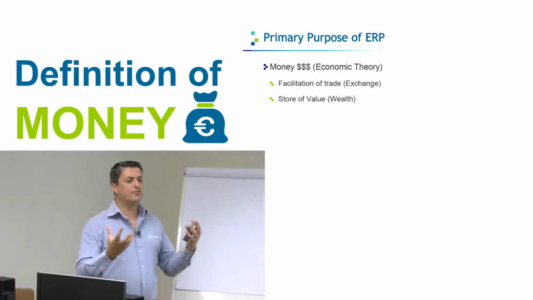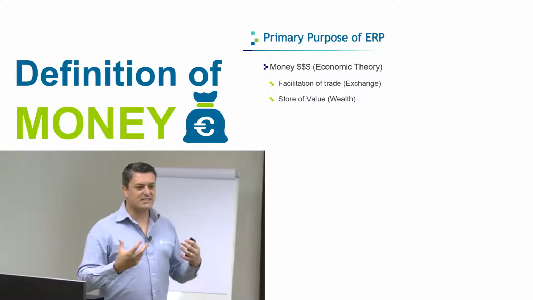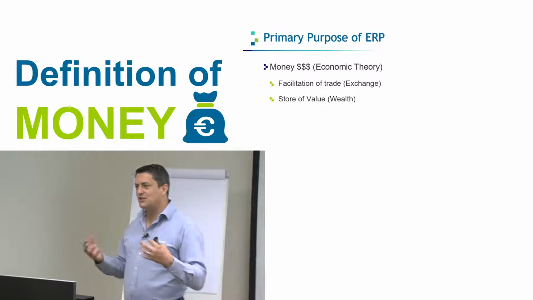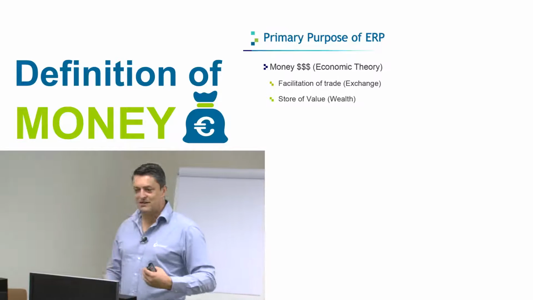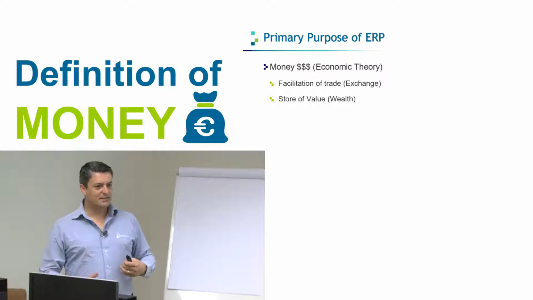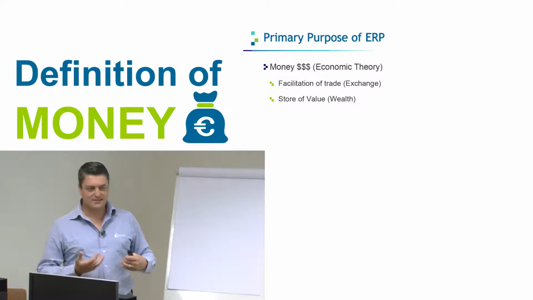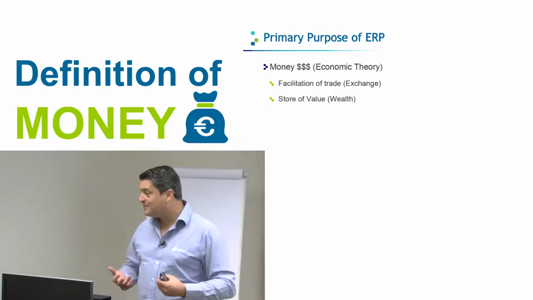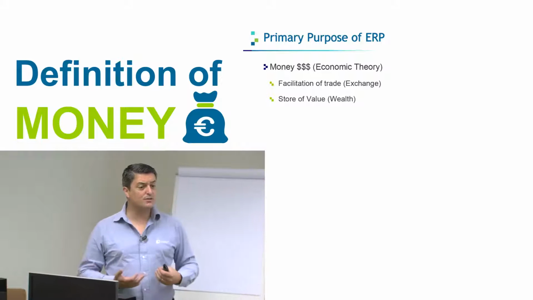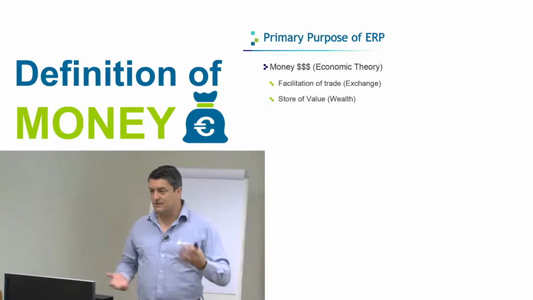So when we look at a general ledger, we understand that there's a balance sheet. The balance sheet records all the assets, all the equity, and all the liabilities of a company. Accounting is 800 years old. It was invented by a monk. He introduced the world to the double entry system.